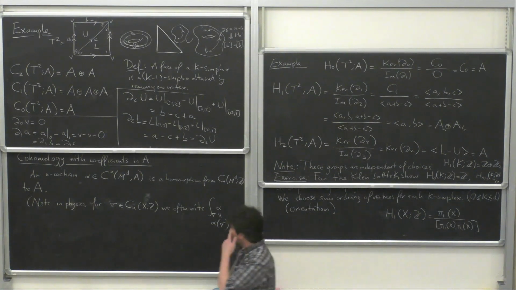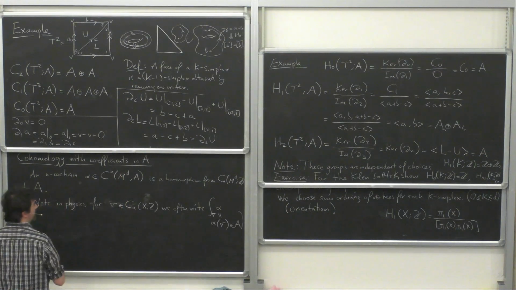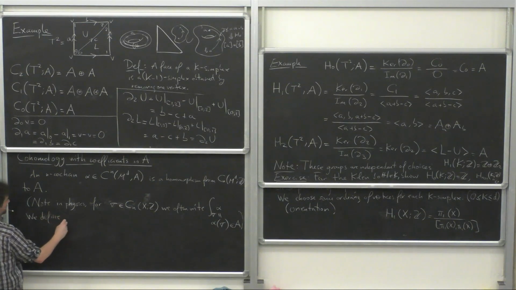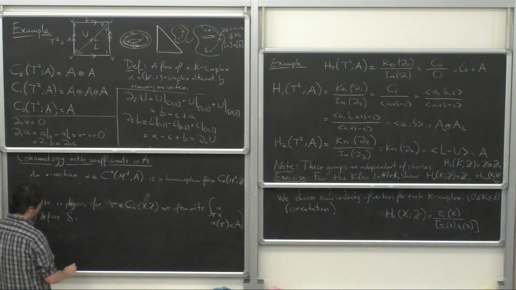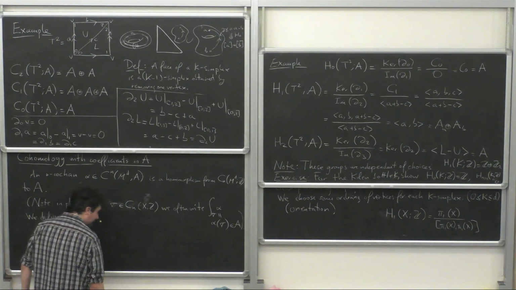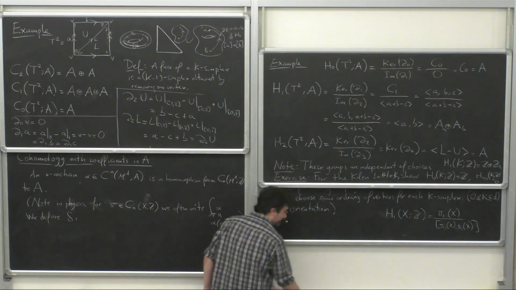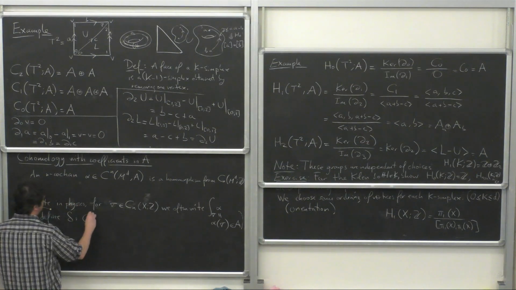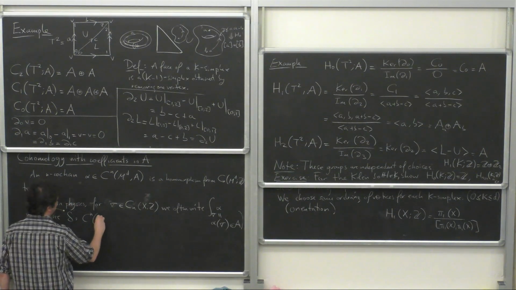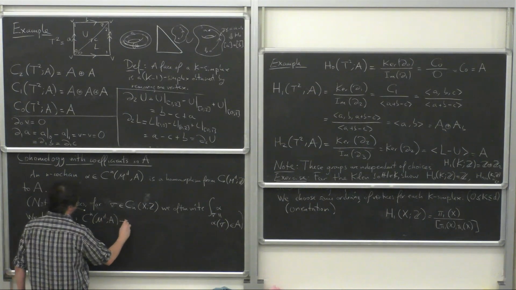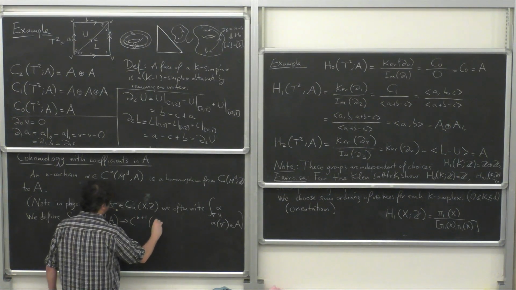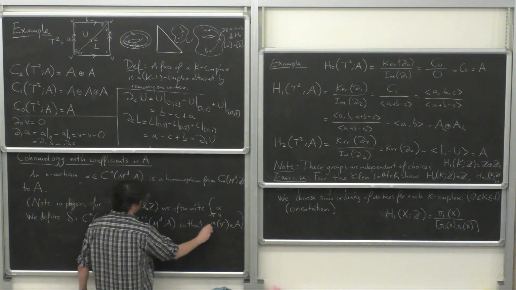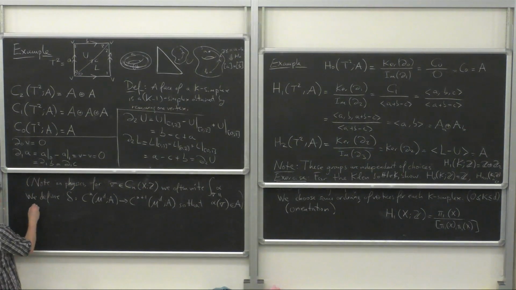All right. So this gives me the chain complex. I need a differential. So we define the differential. I call this D. So this one goes up, in a way that makes Stokes' theorem work.